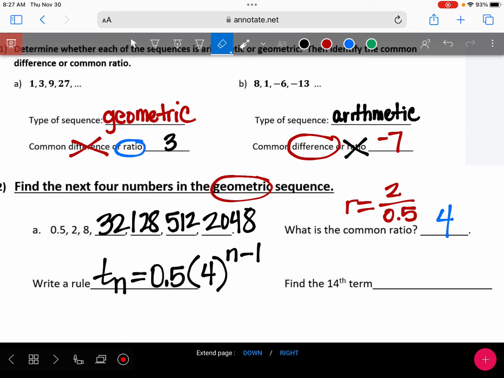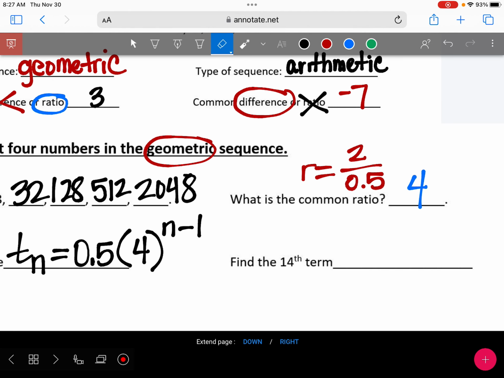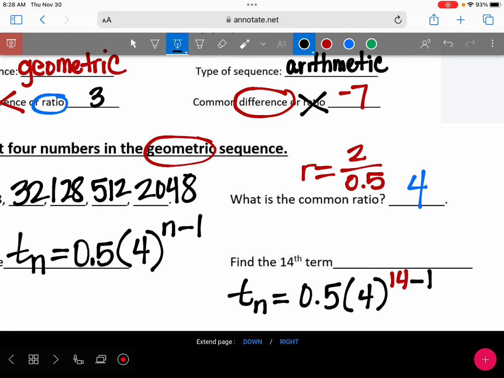So go ahead and use this rule to find the 14th term. It's going to be a big number, and that's okay. So 0.5 multiplied by 4 to the power of 14 minus 1.